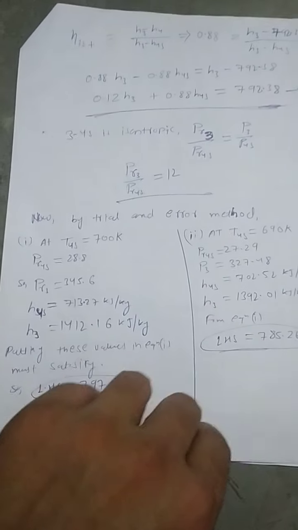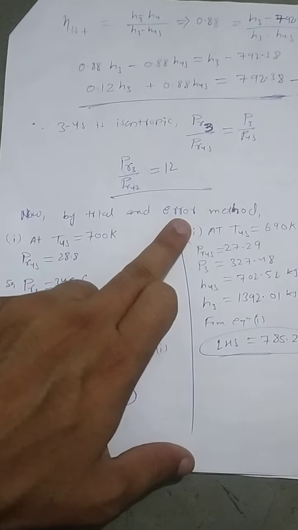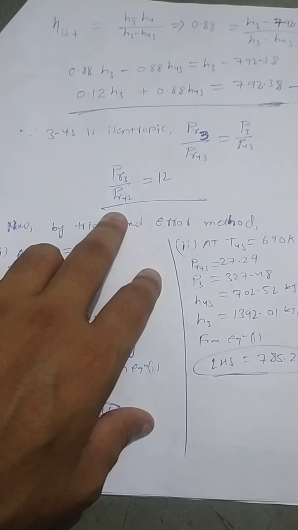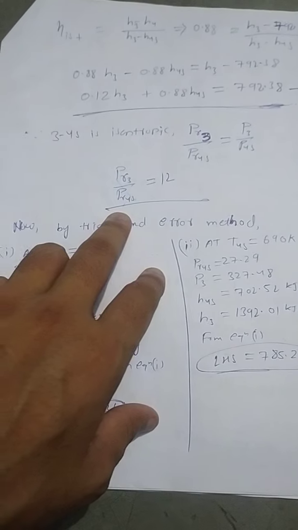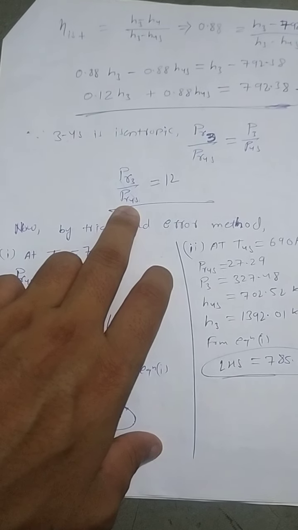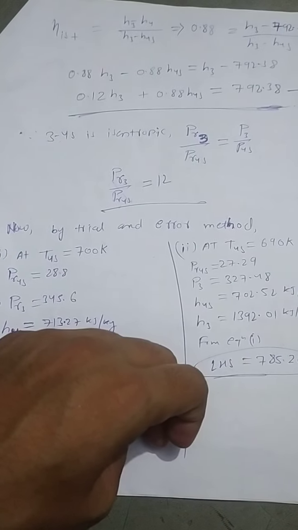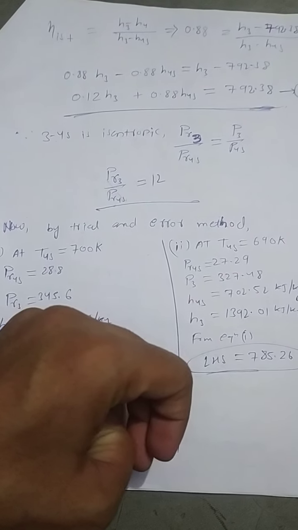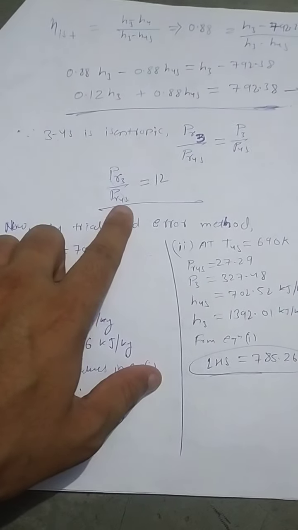Now we have to use the trial and error method. What we do here is choose a suitable imaginary temperature at the exit of the turbine, that is 4s.